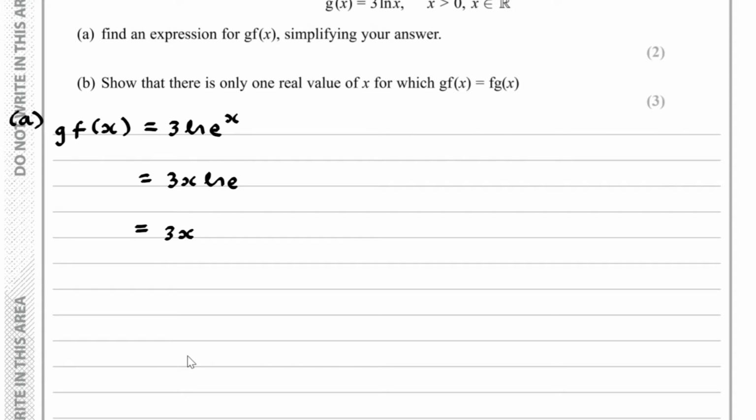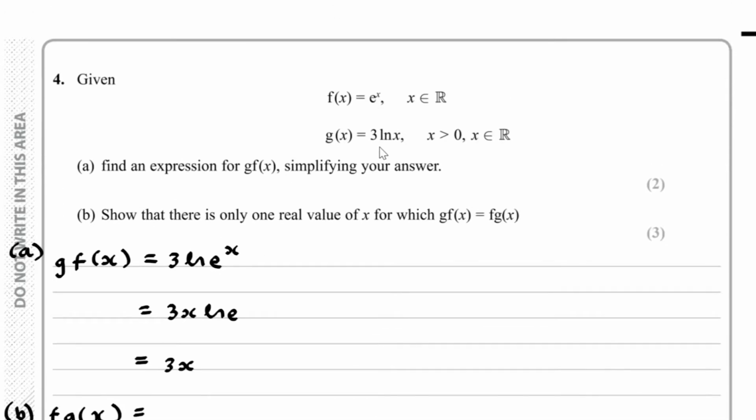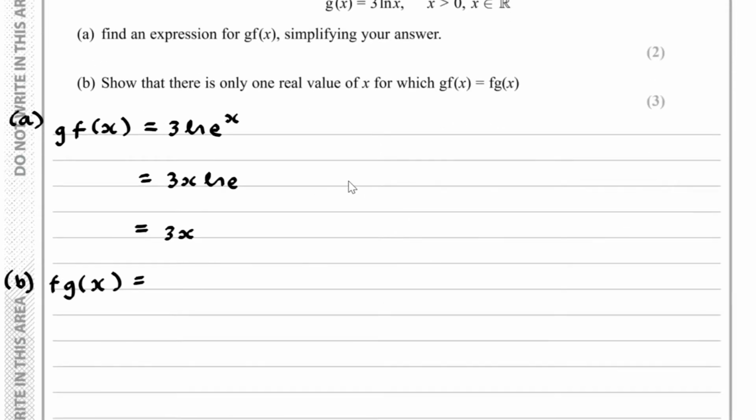And now for part B, we have to show that there is only one real value for x for which g of f of x is equal to f of g of x. Well, what we'll do for part B is we'll find out what f of g of x is. We replace the x with 3 times the natural log of x.